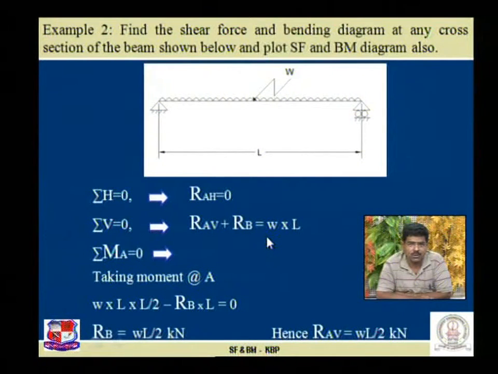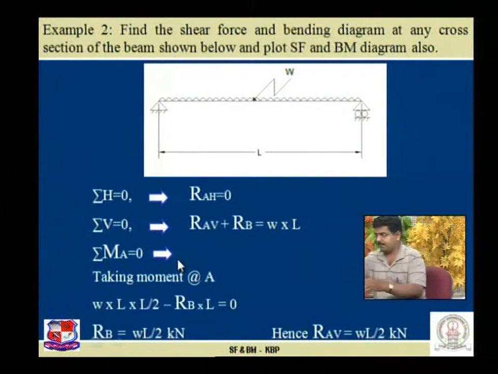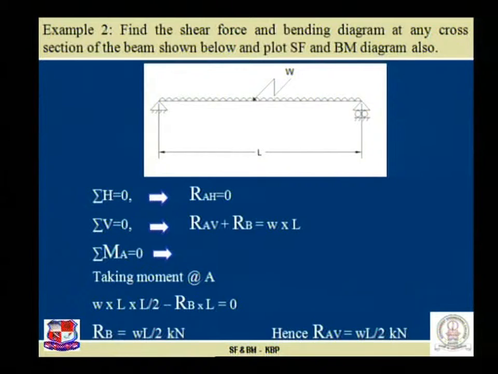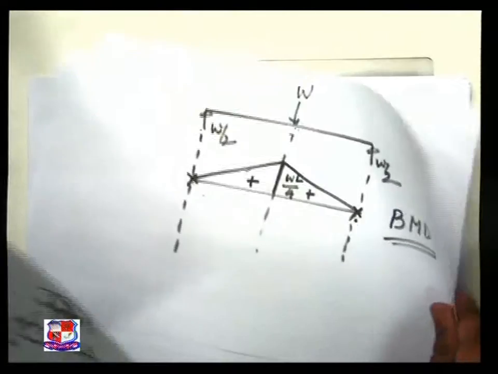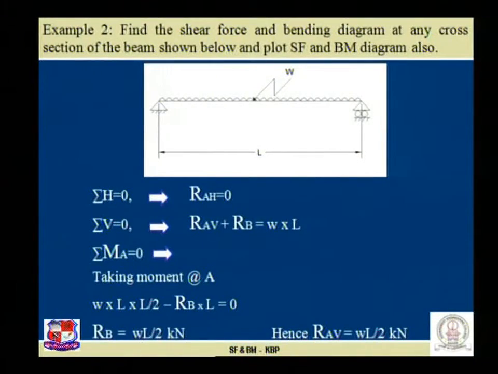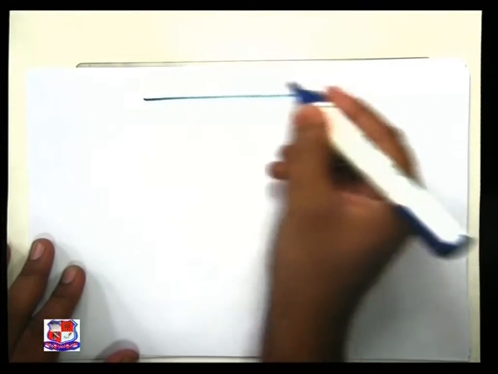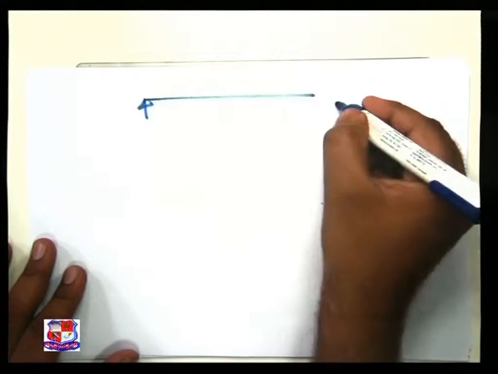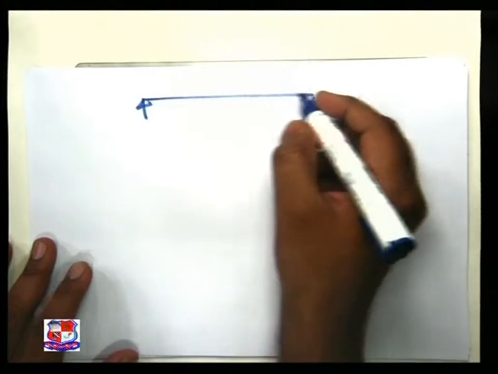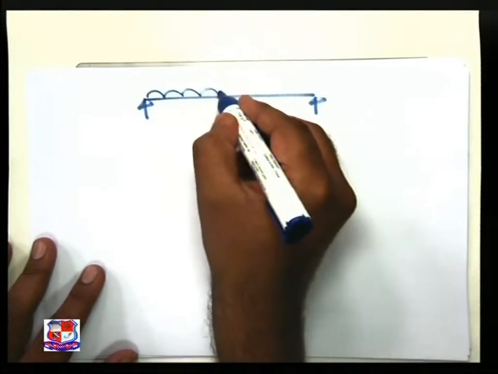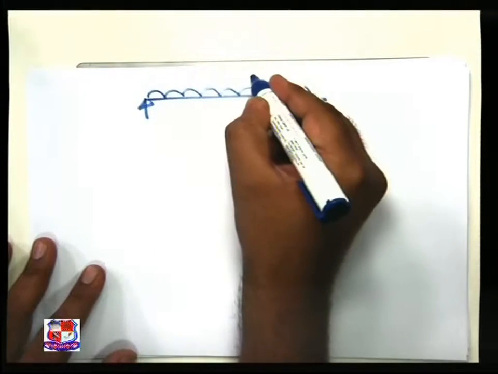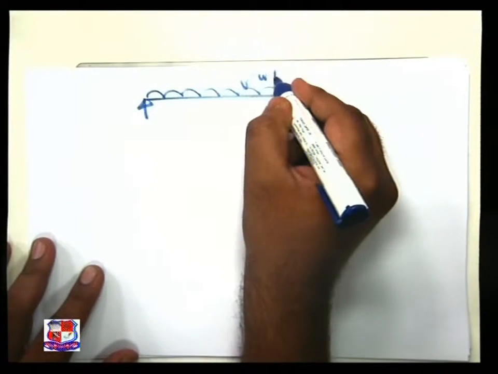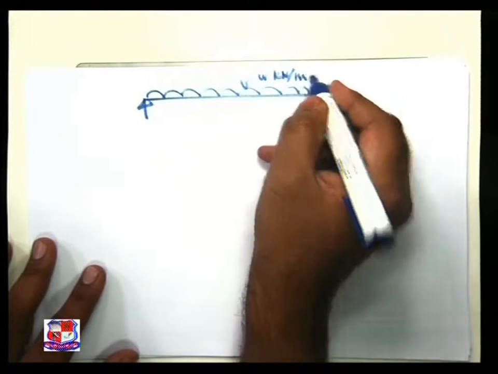Let us start with the shear force diagram over here. The given beam is a simply supported beam with UDL given to us, W kilo Newton per meter.